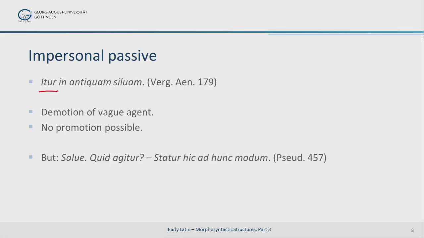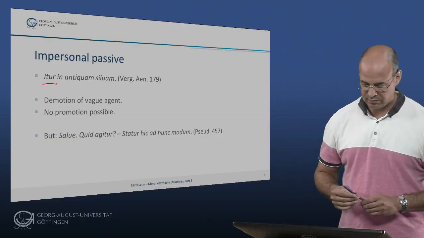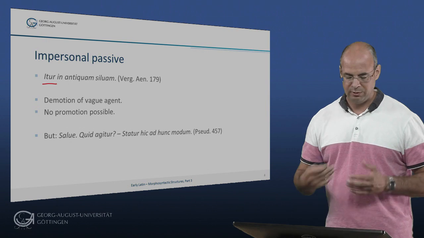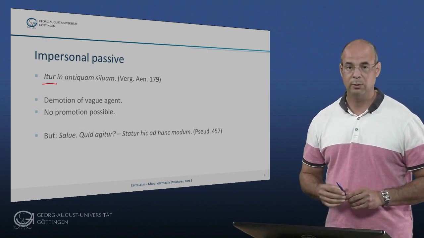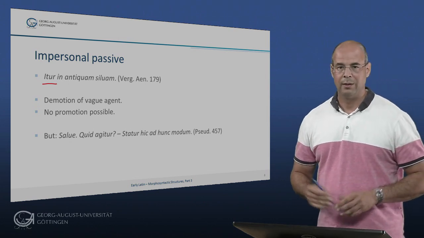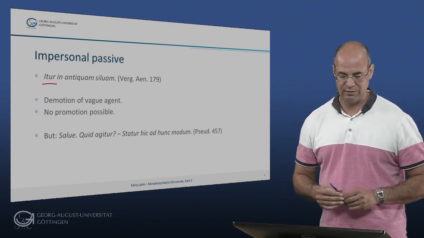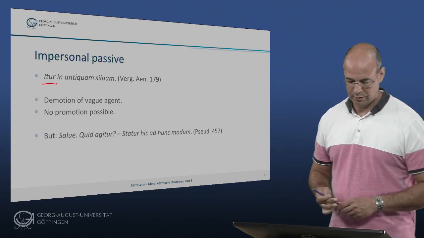And the reply is, statur hic ad hunc modum. Literally, there is standing, one stands here in this way. This is a facetious way of putting it. The normal way would be to say, sto hic ad hunc modum. But we have a passive here to demote the subject, and it's simply done for humorous reasons. There's no further reason for that.